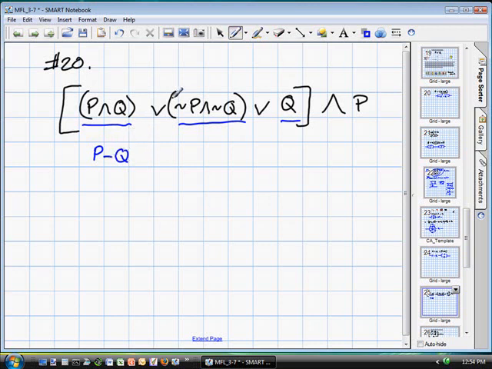But that's going to be stacked with another side by side, another AND, not P and not Q. And that, in turn, is going to be stacked again with Q, because, again, we have an OR.